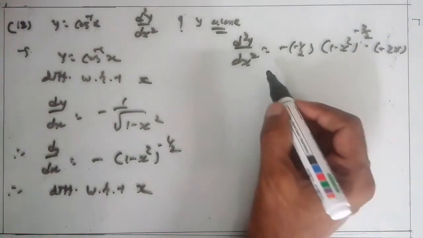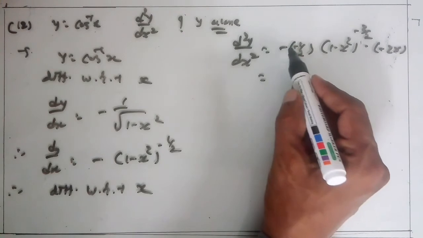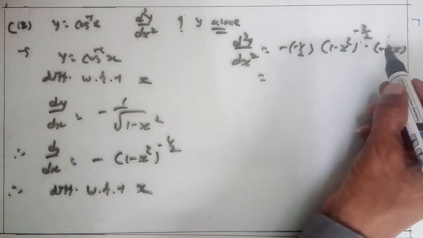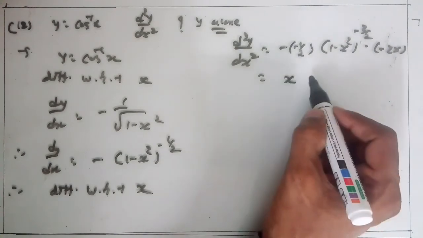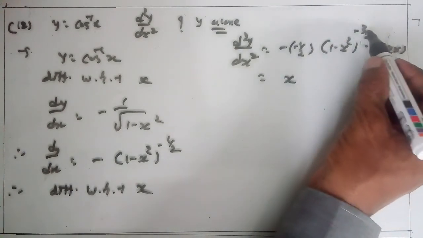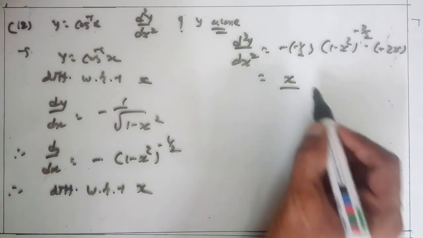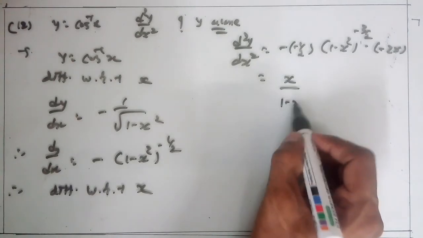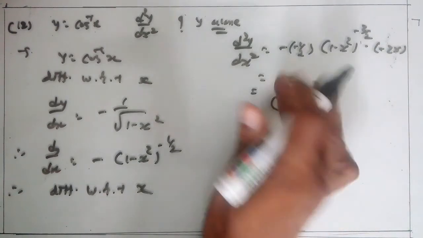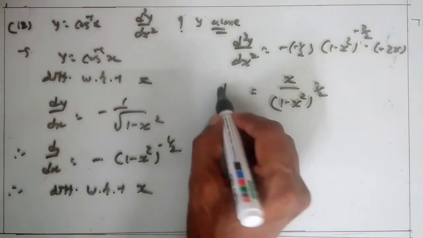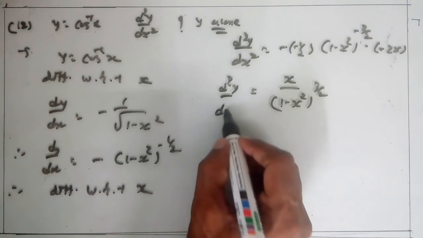Clear? So it is equal to, here minus minus becomes plus and the 2 cancels, so we get x upon (1 minus x squared) raised to 3 by 2. Clear this? So this is d square y by dx square.